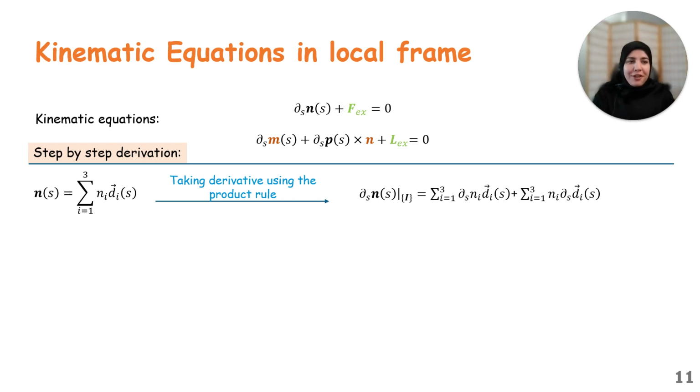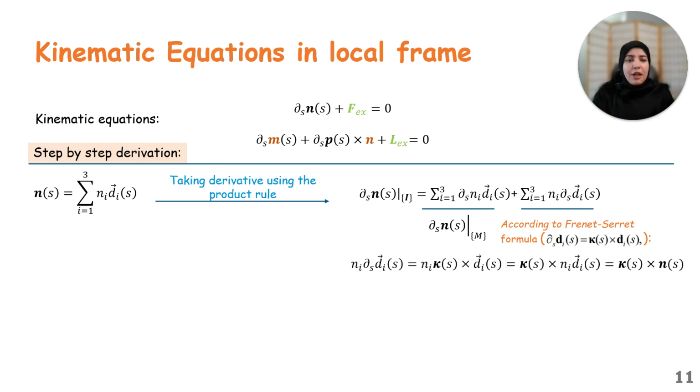Now the first term is equal to the local derivative of the force vector, and the second term can be simplified using the Frenet-Serret formula. According to the Frenet-Serret formula, I'm substituting the derivative of d_i's with respect to s with the cross product of kappa with d_i's. So step by step I get to this equation as you see here.